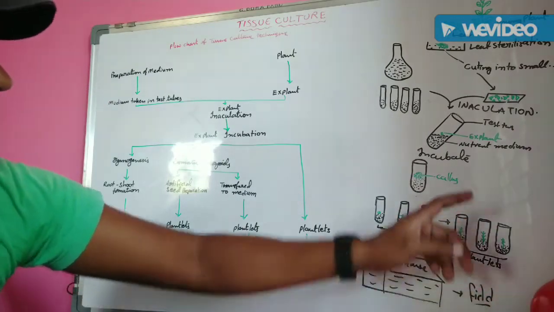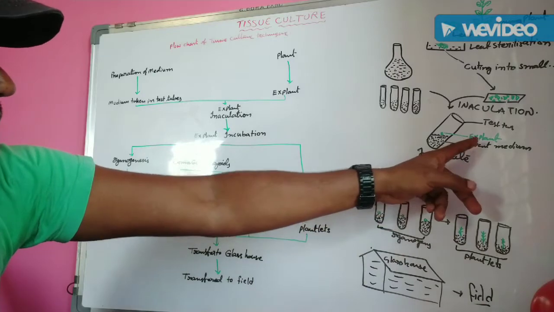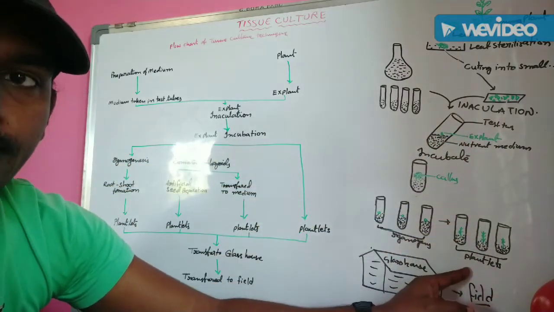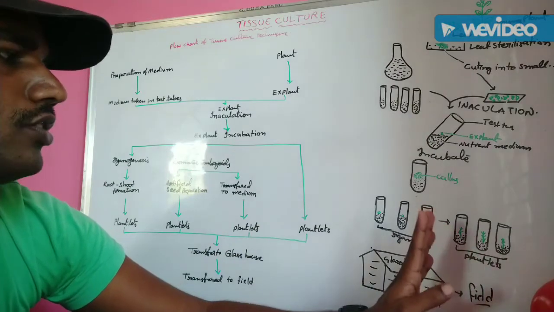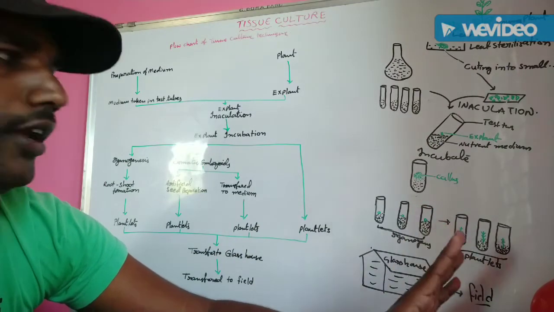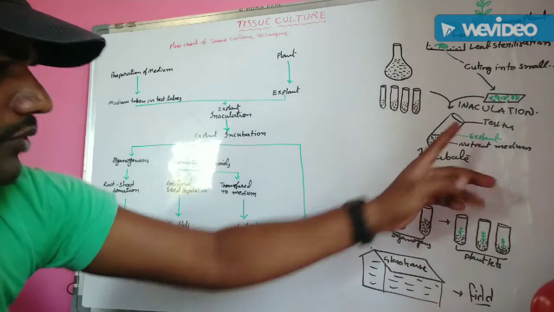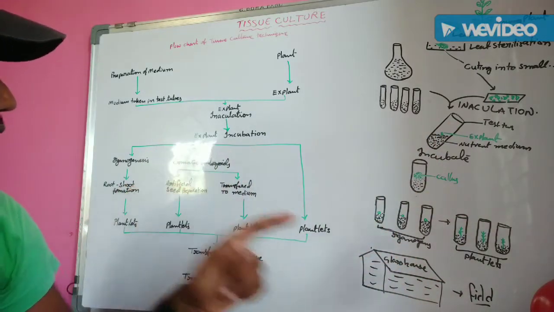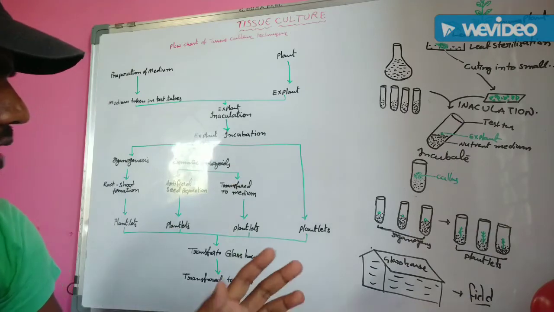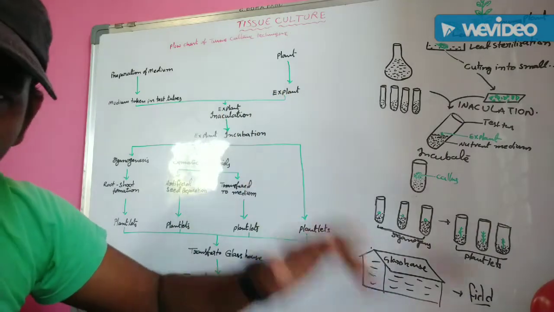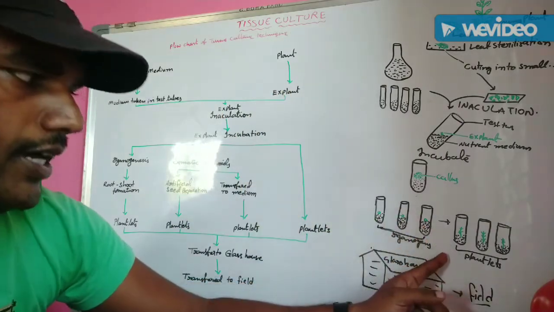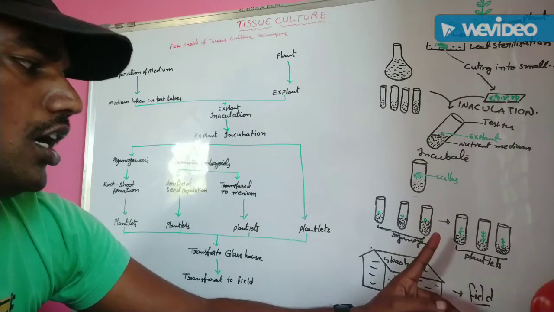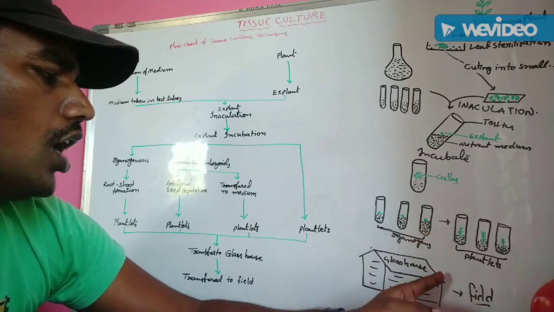Sometimes the inoculated explant is directly formed into plantlets. Anyway, after incubation of the explant, plantlets are formed through organogenesis, artificial seed formation, transfer to medium, or directly. These plantlets are transferred to the glass house.